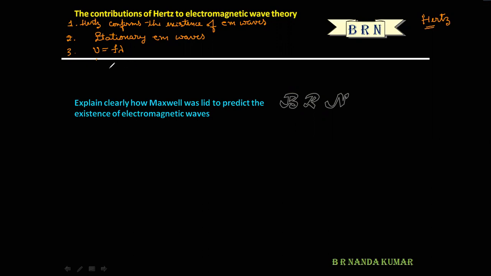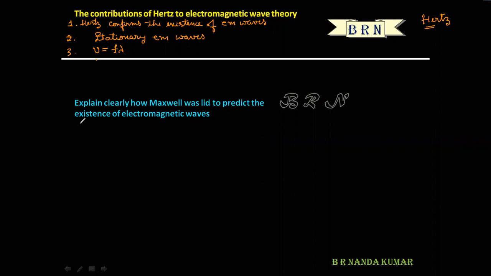Who proposed electromagnetic wave theory? That is Maxwell. Maxwell actually proposed electromagnetic wave theory on the basis of Faraday's laws of electromagnetic induction and modified Ampere's law. Maxwell theoretically predicted the existence of electromagnetic waves.